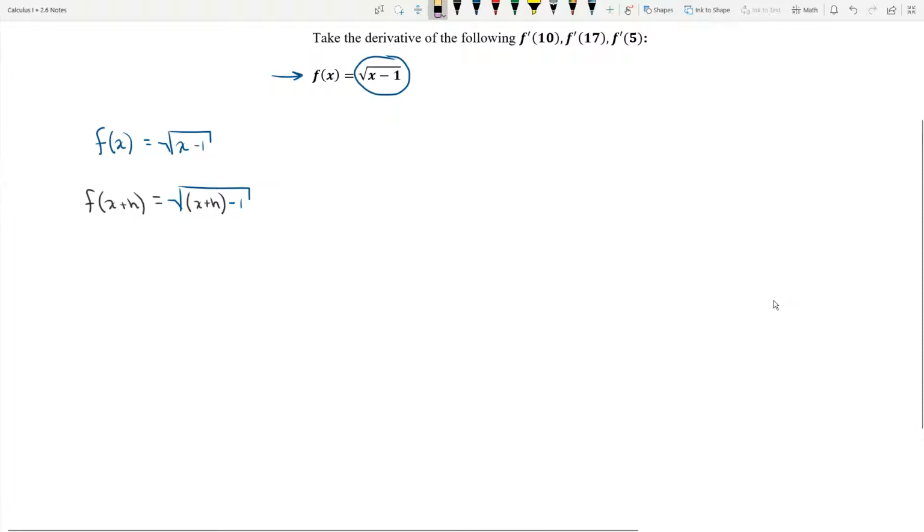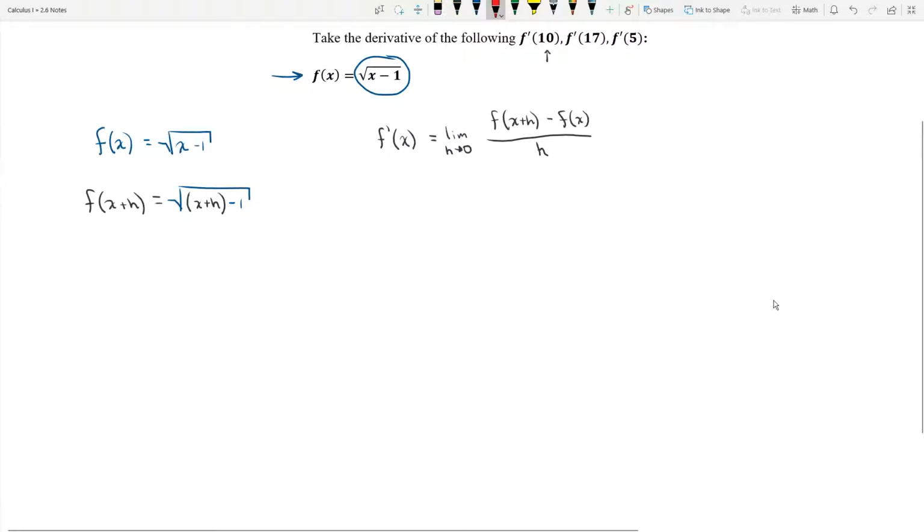So let's go ahead and write that equation for the derivative. We're going to say f prime, and this time we're just going to say f prime of x. We're not going to put the values in yet. And we're going to set that up as the limit as h approaches 0 of f of x plus h minus f of x, divided by, and the denominator is always h.